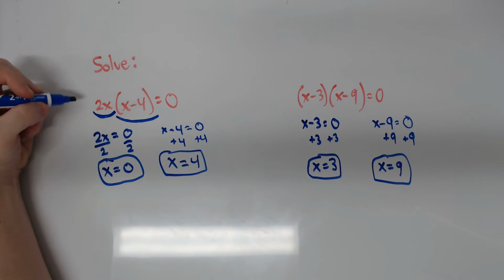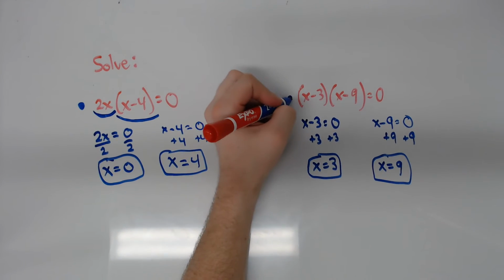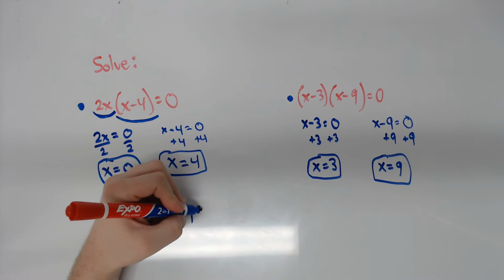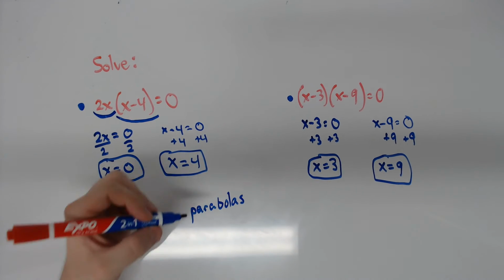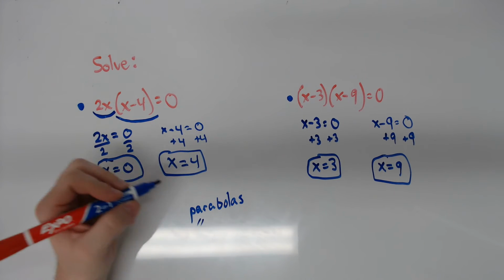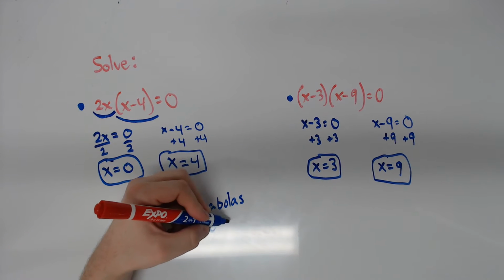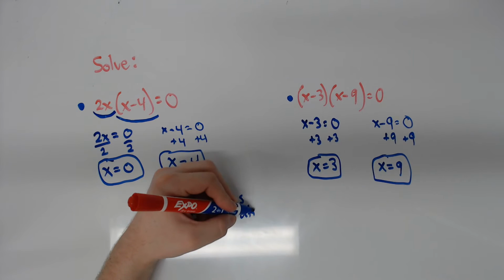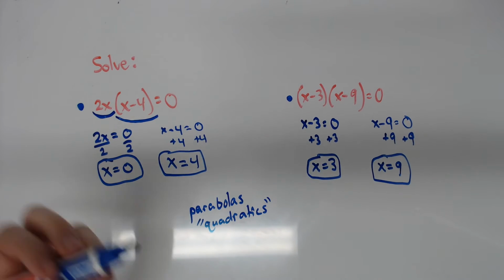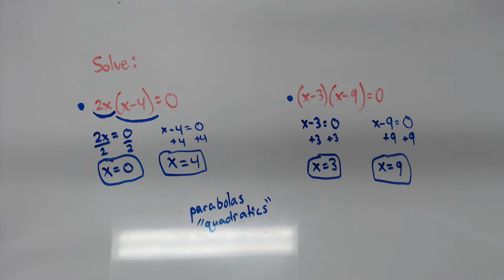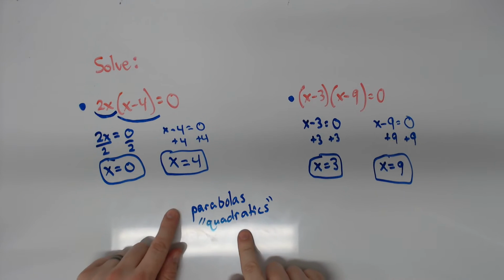Now what's neat about these is that they happen to be parabolas in disguise. We're just looking at the factored form, but these are parabolas, or in this case, quadratics, which means if I distribute it, I would get x squared somewhere. We'll learn a lot more about this in Chapter 8 as well. It's where we do everything with graphing, quadratics, and whatnot. So just a little preview forward.